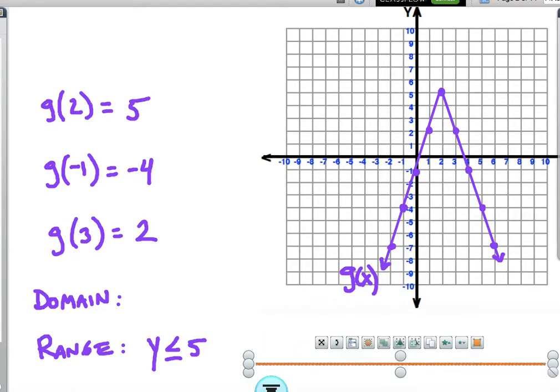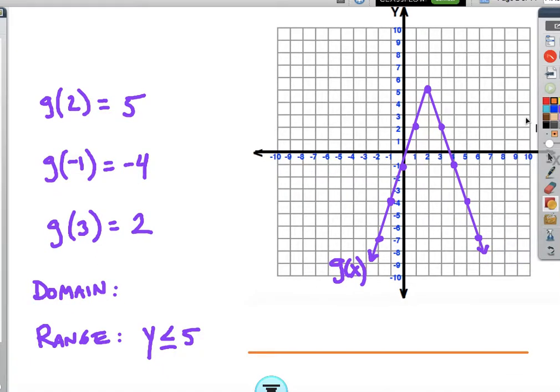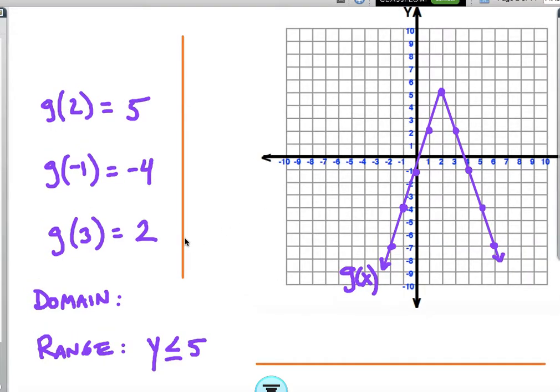For domain, let me get a vertical line. Okay, so for domain, we're looking at our x values. Well, here's the middle of the graph. I can move to the right, and this thing is going to continue moving to the right and down. And then I can keep moving to the left, and there'll be more points over here to the left.